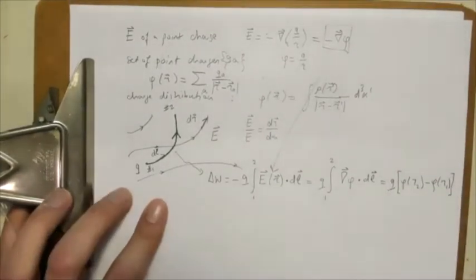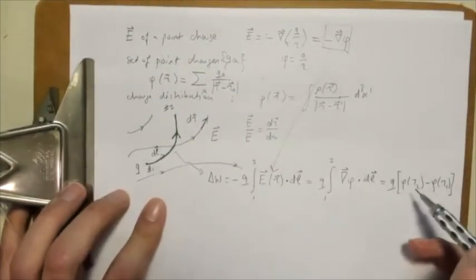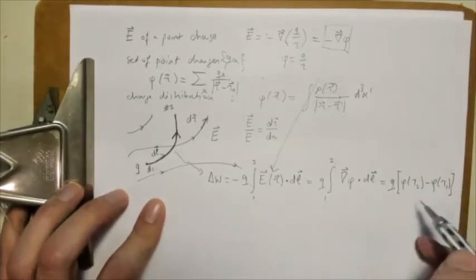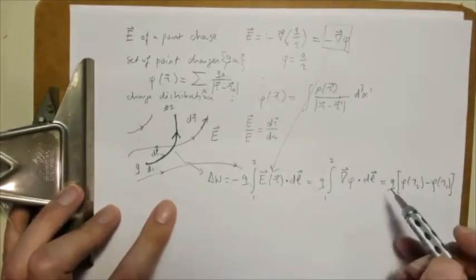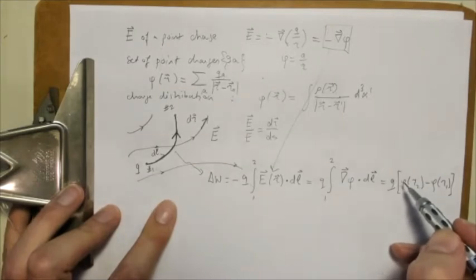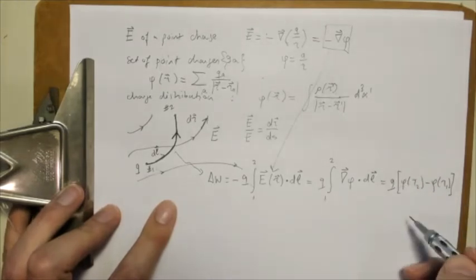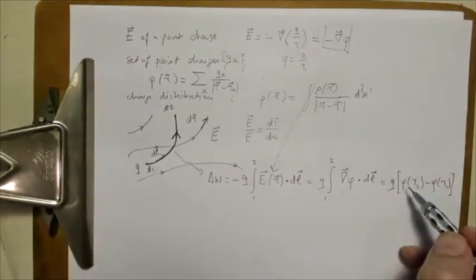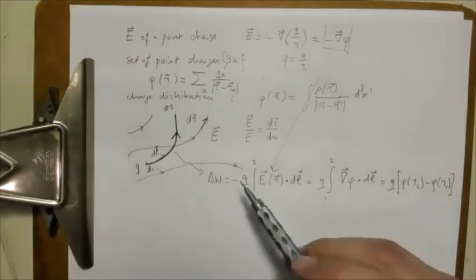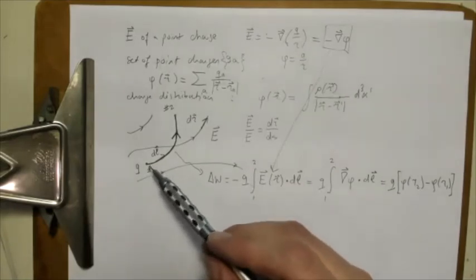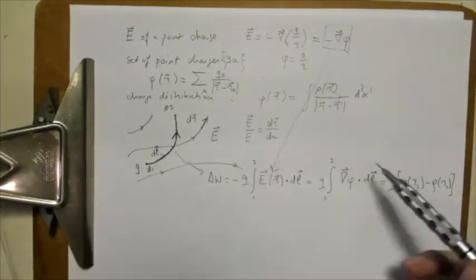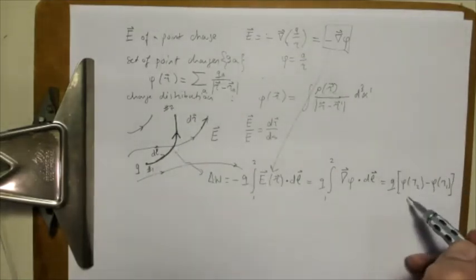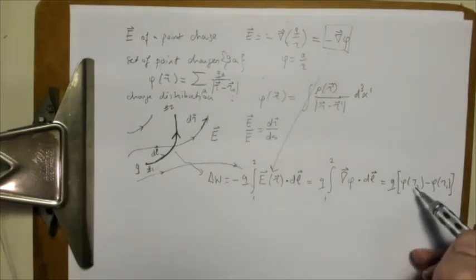So that should give you pause. The fact that you can write this should be familiar to you, but it should still be something that hopefully you will not take for granted. So this work done in moving this charged object from position number 1 to position number 2 is only a function of the beginning and the end points.